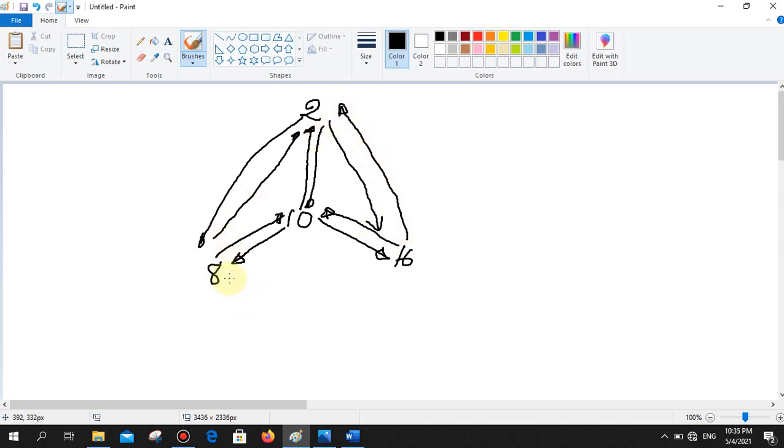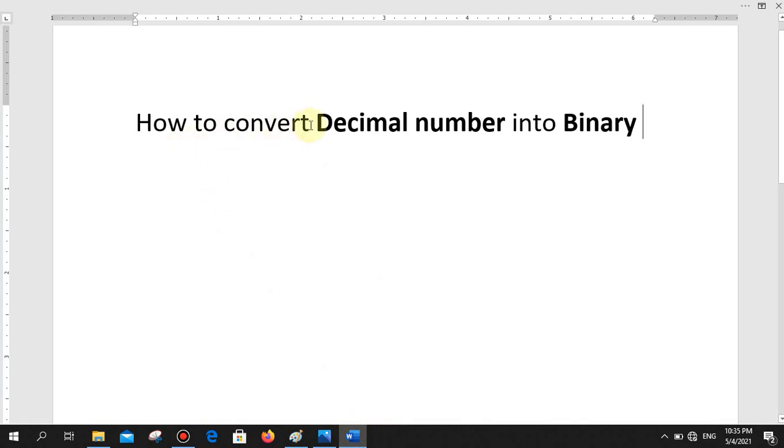Finally, we will convert octal numbers into hexadecimal and hexadecimal numbers into octal. I think you should copy this small plan of what we are doing under this unit in your book. The first topic is how to convert a decimal number into binary.